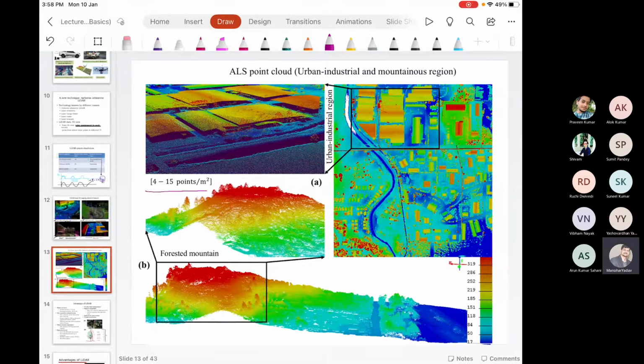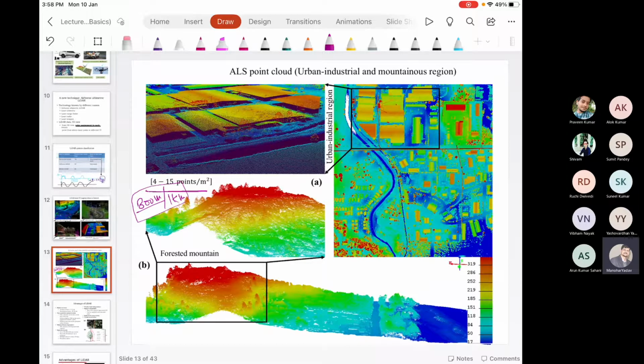Now the least point density we will get in airborne laser scanning, where the entire LiDAR system is operated through an aircraft or plane. In that case, we do the operation at an altitude of, let's say, 800 meters or 1 kilometer. So in this case, the distance between target points and laser source is highest among all types of laser scanning operation.